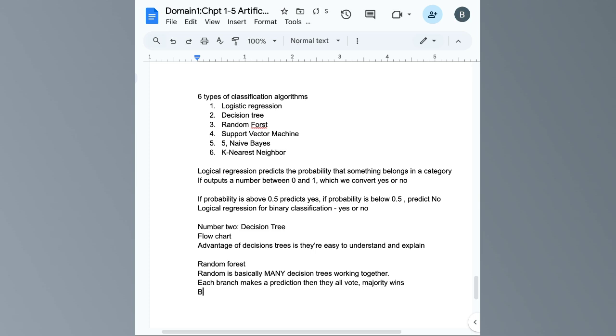So, for example, branch 1 says spam. Branch 2 says spam.